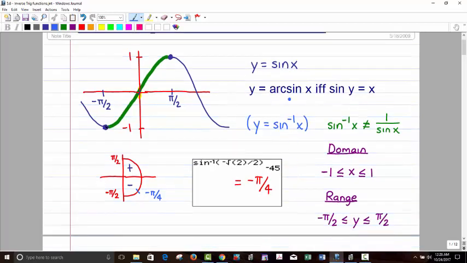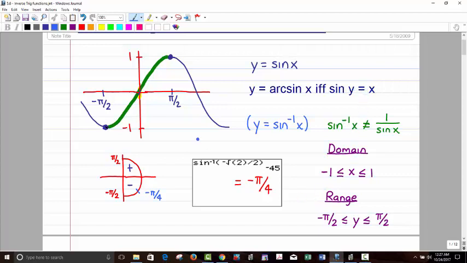Now, the domain into this arcsine function would be between -1 and 1, because if you think about it, the domain here is actually the same as the range of the original function. So no matter what you put in there for sine, -1 to 1 is the only possible range of values. So that now becomes the domain right here in this notation where sine of y equals x.